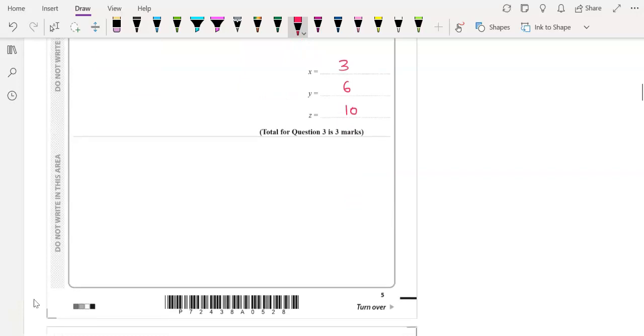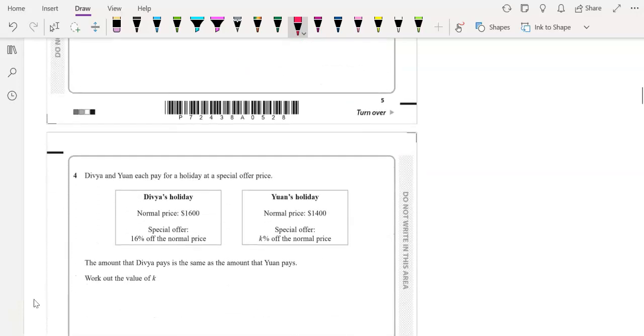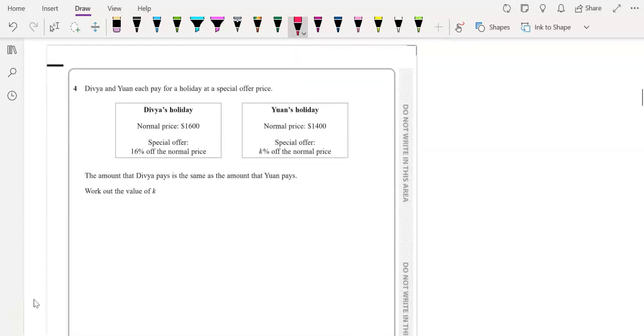Moving on to the next one. Divya and Yon each pay for a holiday at a special offer price. Okay, Divya's holiday, the normal price is 1600, special offer 16% off the normal price. So it means Divya gets a discount of 16%. So she pays the remaining 100 minus 16.